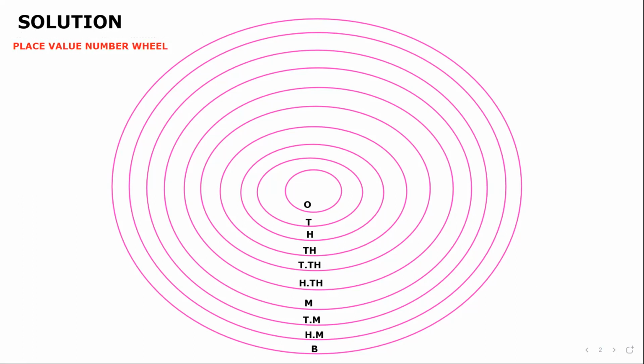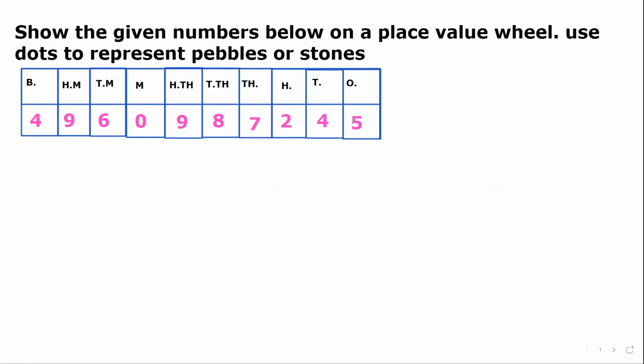Now you go back to the table and check the ones. The ones place, we have the 5 dots to model. Okay. So once we have the 5 here, we are going to model 5 dots on the ones place on the wheel.